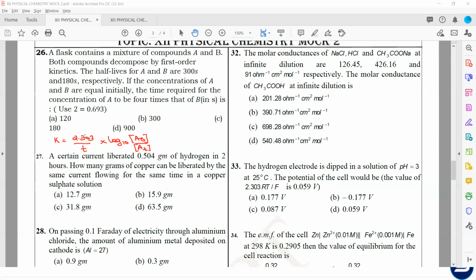That would be a complex method, but you can use the common multiple method. You just have to verify whether a naught and b naught are equal and the relation of at and bt is 4 times as given. Understood? Yes, sir.